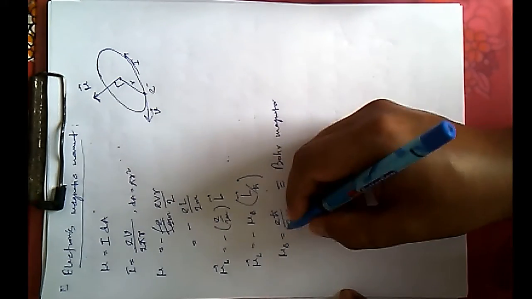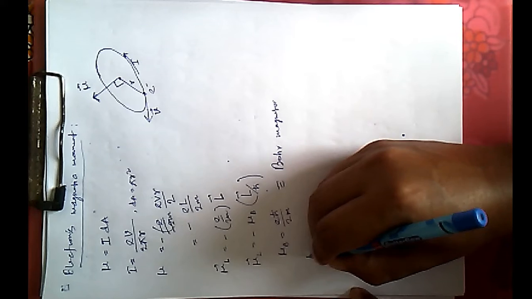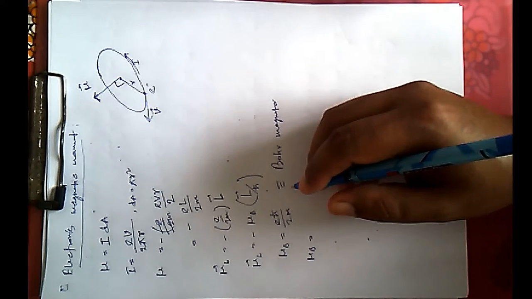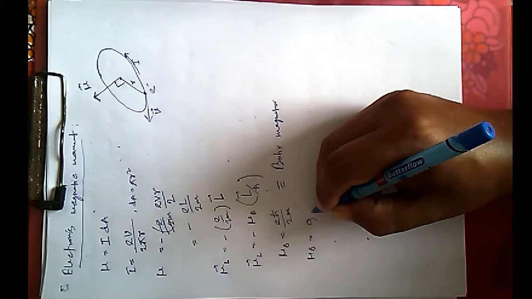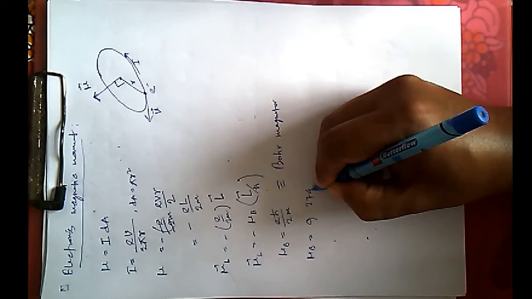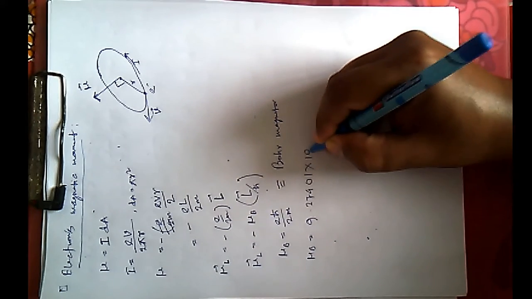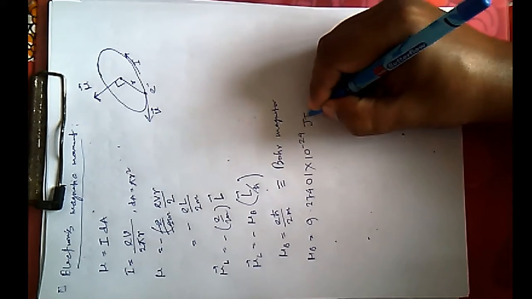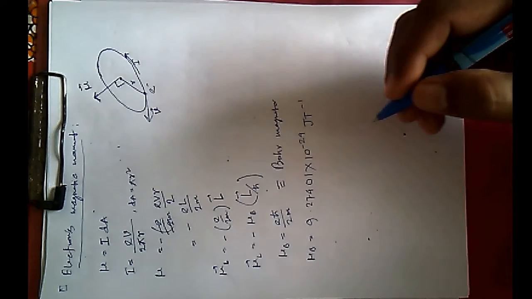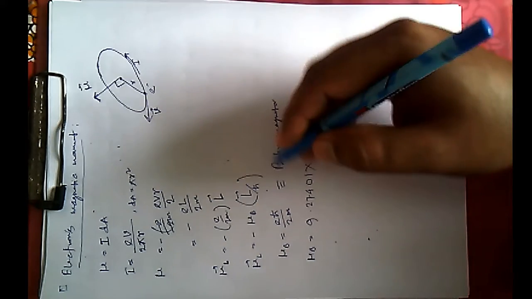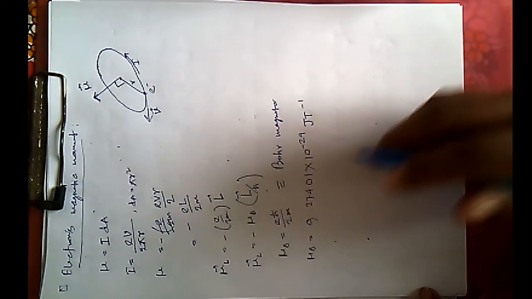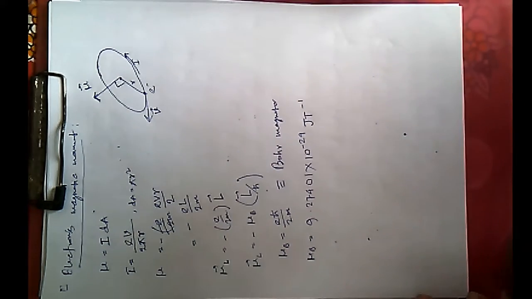So if you put in all the values, you will get the standard value, something like 0.927 times 10 to the power minus 24. Now, this electron magnetic moment is actually written in a more generalized form.